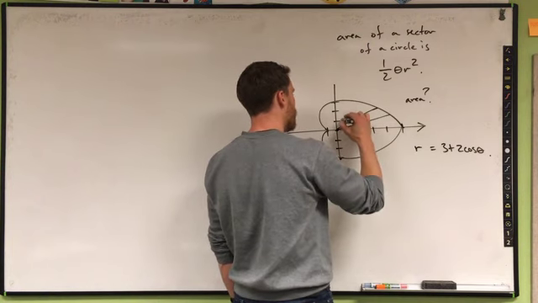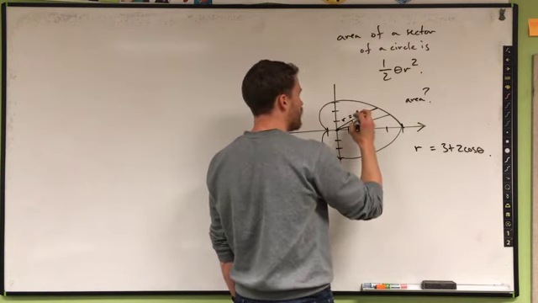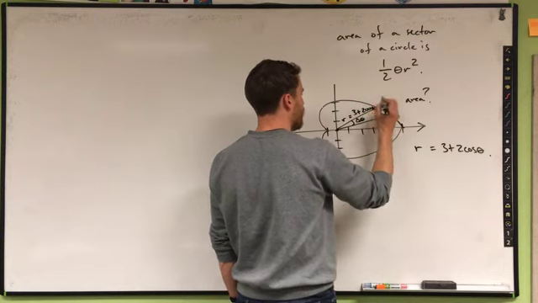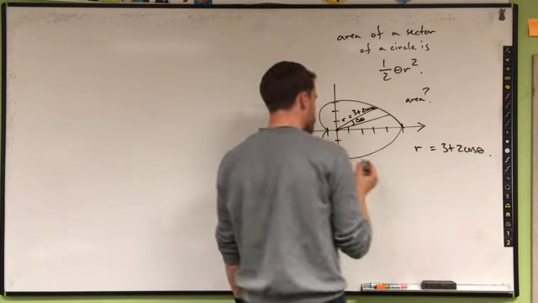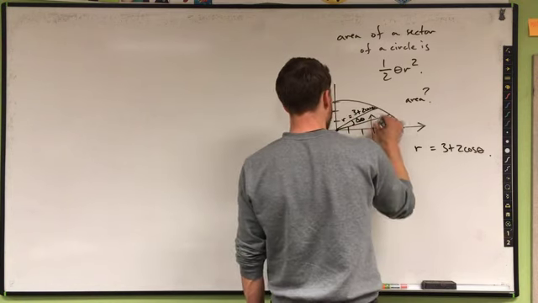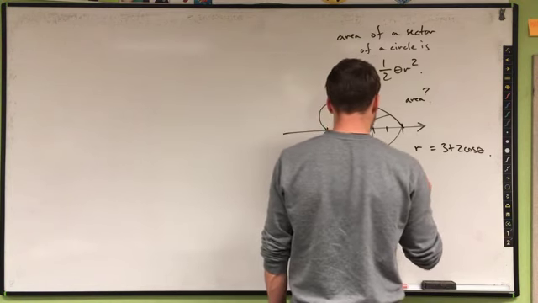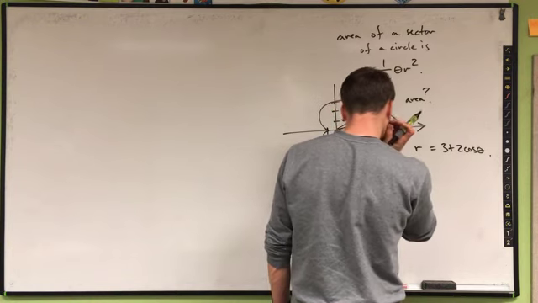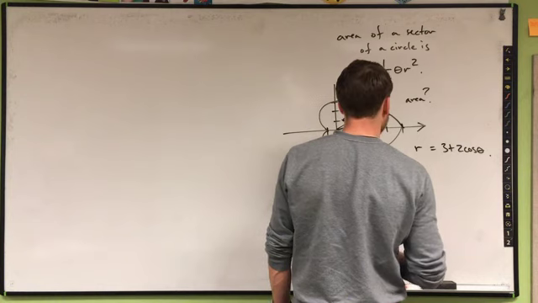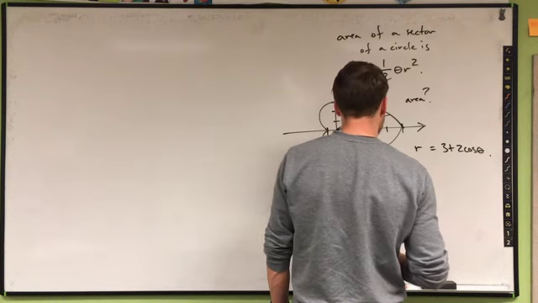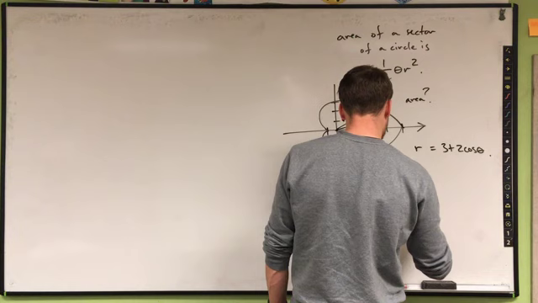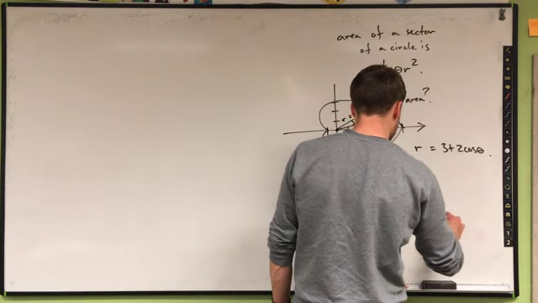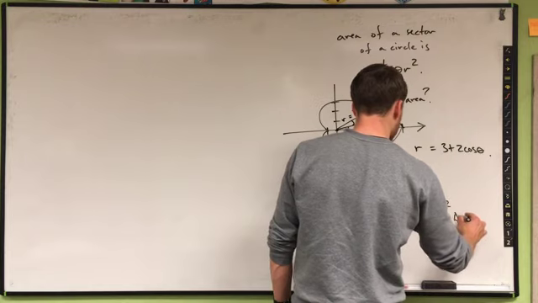And we've got a radius here, r, which is given by 3 plus 2 cosine theta. Now, if we were just to say, all right, the area of this little piece here is 1/2 r squared times delta theta, which is 1/2 times r squared, which is 3 plus 2 cosine theta, all squared times delta theta.